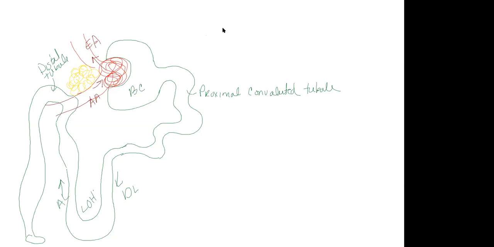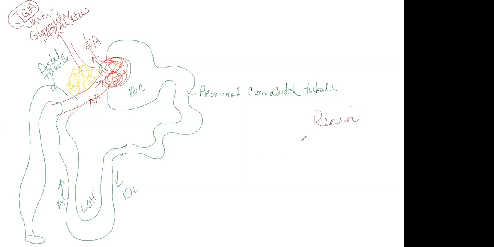So what I mean by that is here we have what's called the juxtaglomerular apparatus. We call it the JGA, the juxtaglomerular apparatus. And it causes the release of renin.